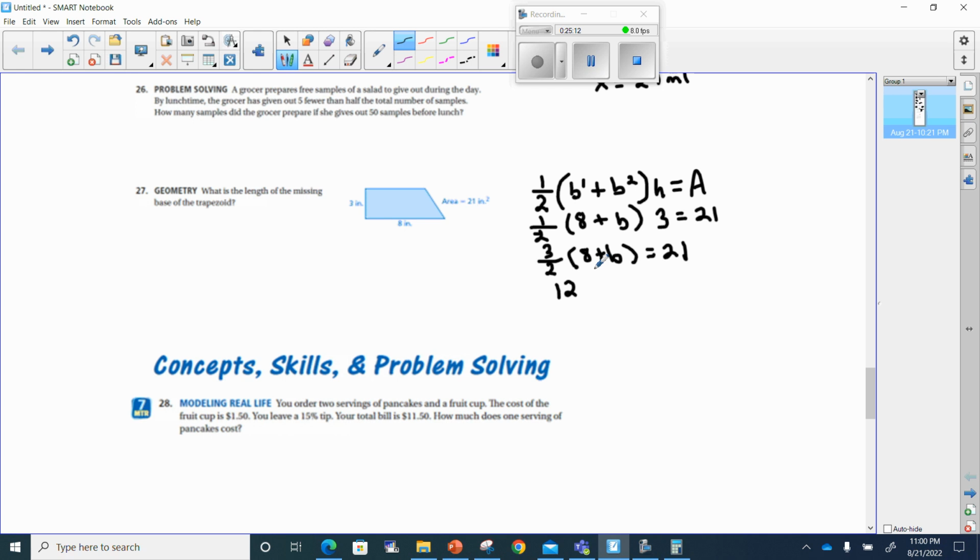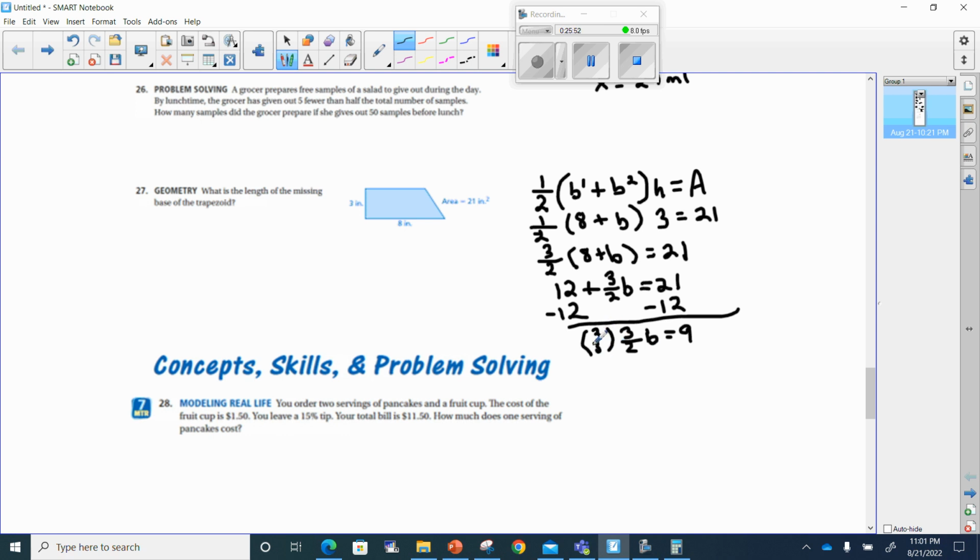Now, 12 plus, since this is a b, 3 over 2 times b is equal to 21. Now I can go ahead and subtract 12 from both sides to get rid of the 12. I have 3 over 2 b is equal to 21 minus 12, and that's going to be 9. Now I have to multiply by the inverse of 3 over 2, which is 2 over 3.